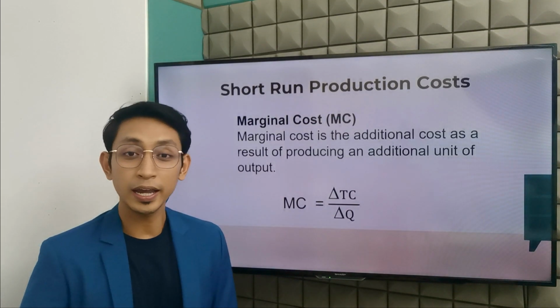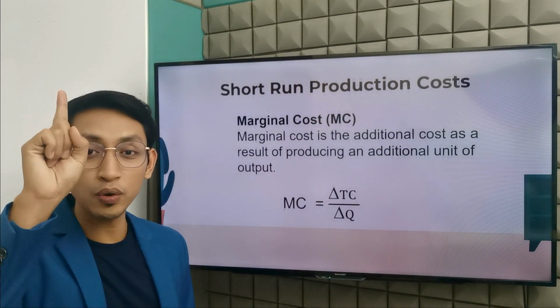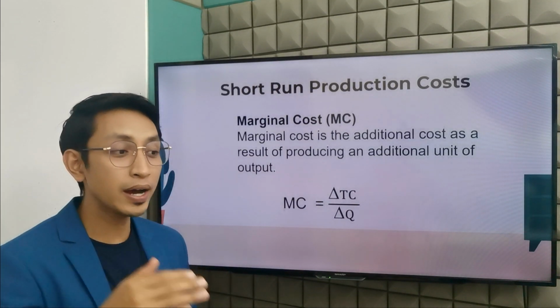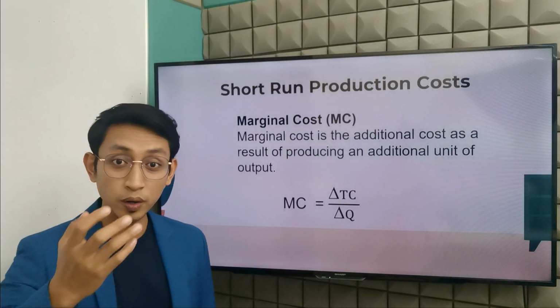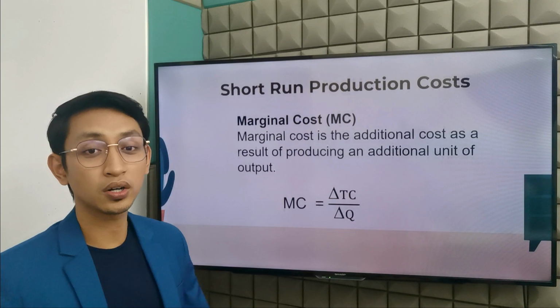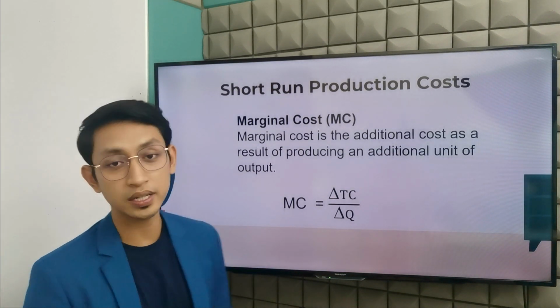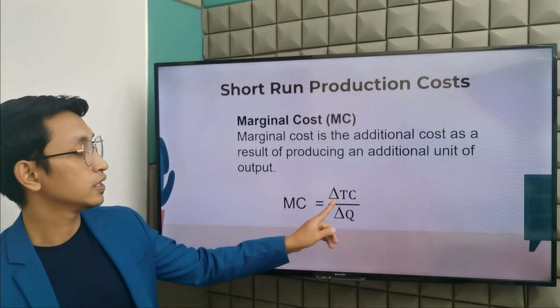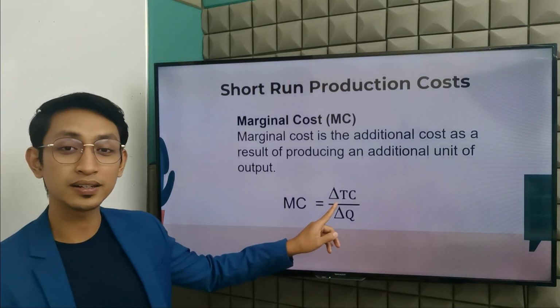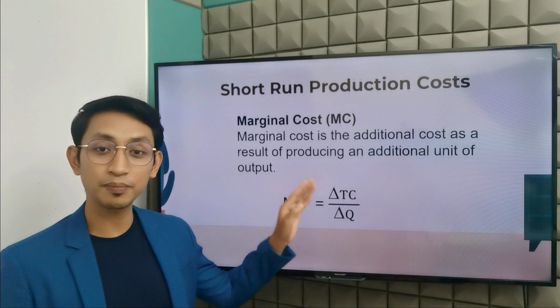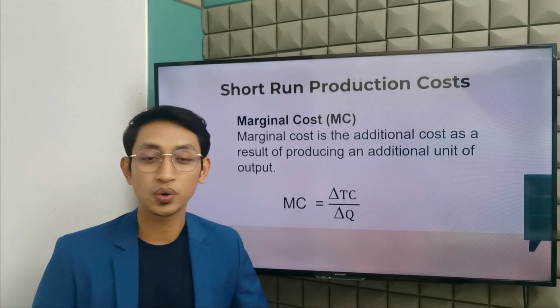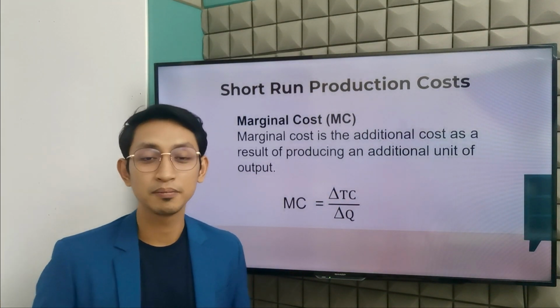In other words, if you increase your output by 1 unit, how much will be the change in your cost? So the formula of MC, or marginal cost, is changes in total cost divided by changes in quantity. The triangle resembles changes. So that is marginal cost.